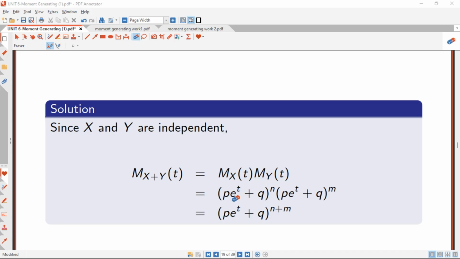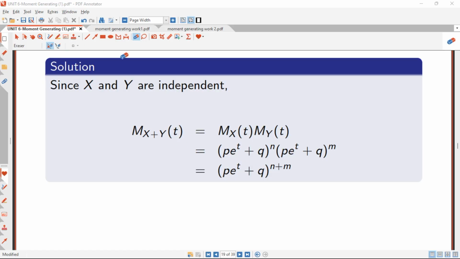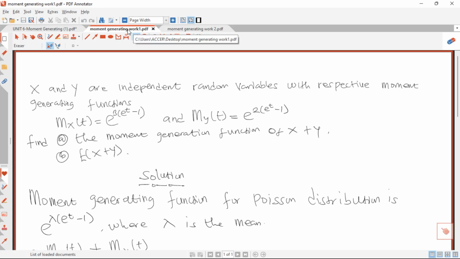That is (p times e raised to the power t plus q) all raised to the power n times (p times e raised to the power t plus q) all raised to the power m. Since they have the same base, we add the exponents. So let's go to the working sheet to solve more examples to better our understanding of the uniqueness theorem.